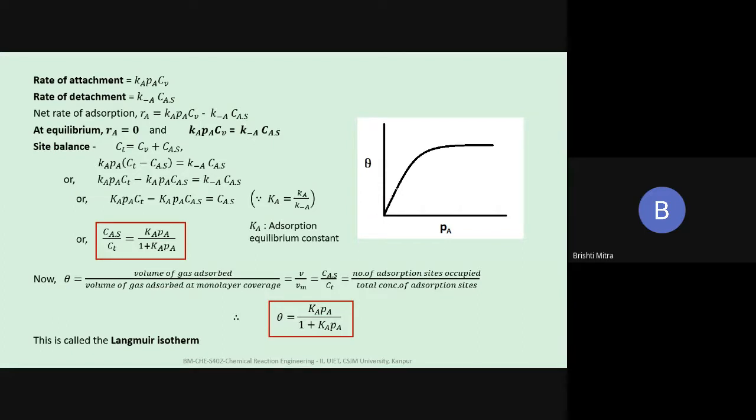That means there's a linear increase for some time, after which it becomes flat. And I had shown you why that is possible: at low partial pressure values, this term is small, so the expression becomes theta equals Ka Pa.